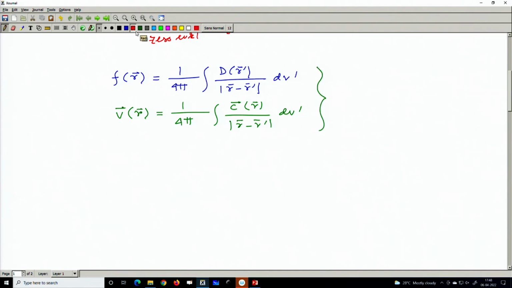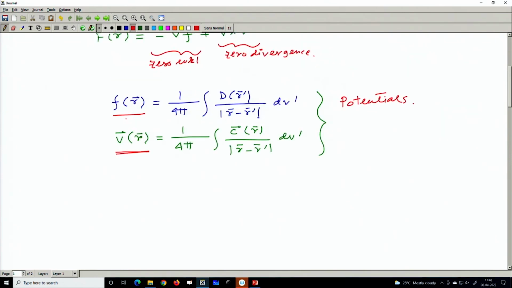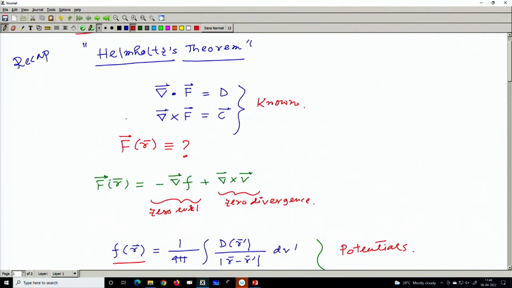When we do the example, then you are going to understand. This is a scalar kind of potential, this is a vector kind of potential, because this is a vector quantity. So, why it is called potential and what is the implication of these treatments?